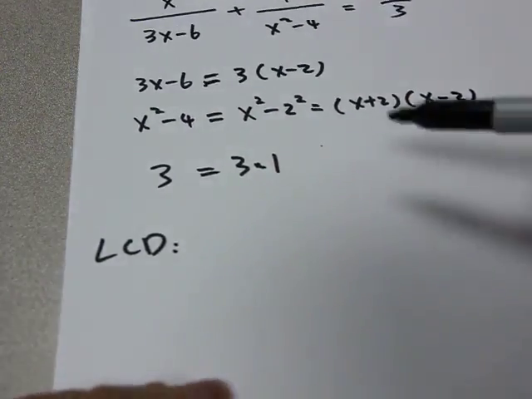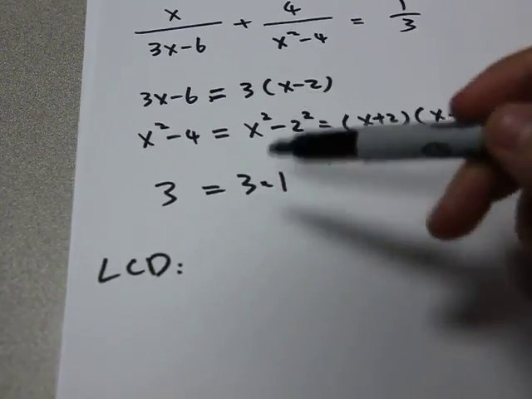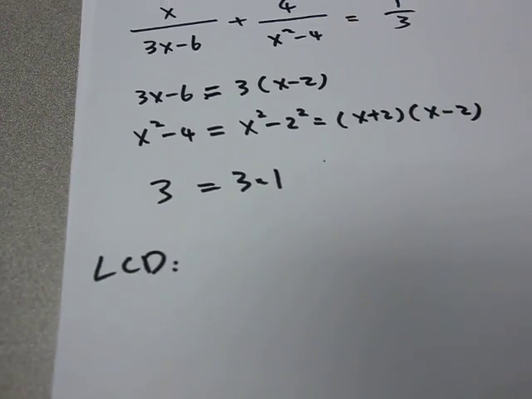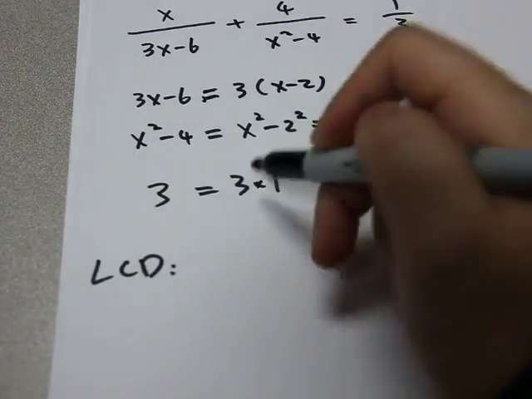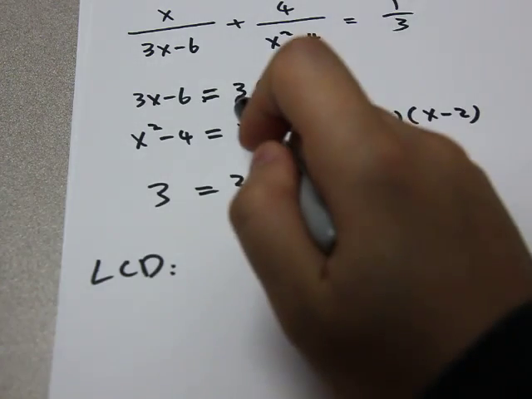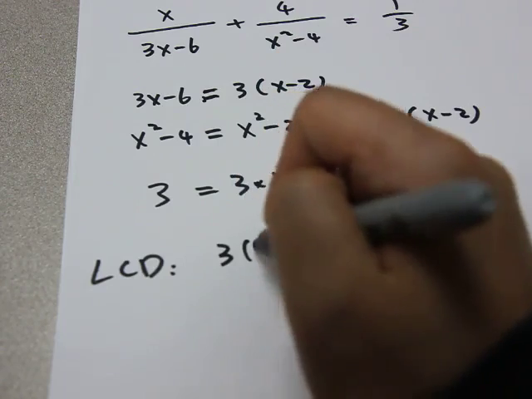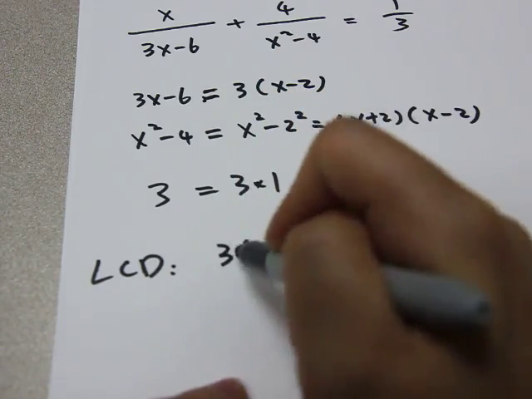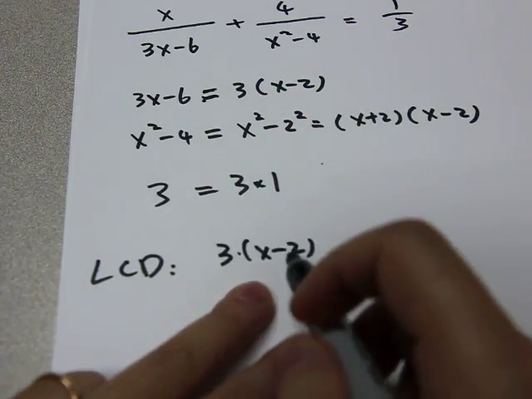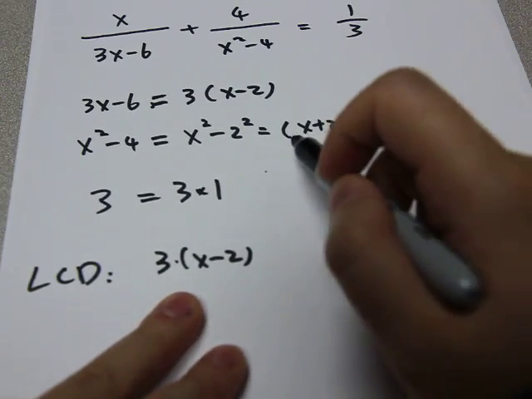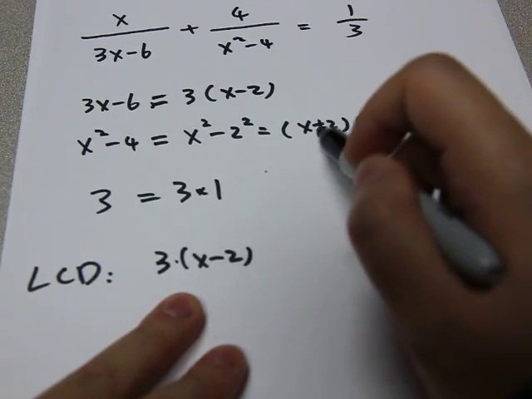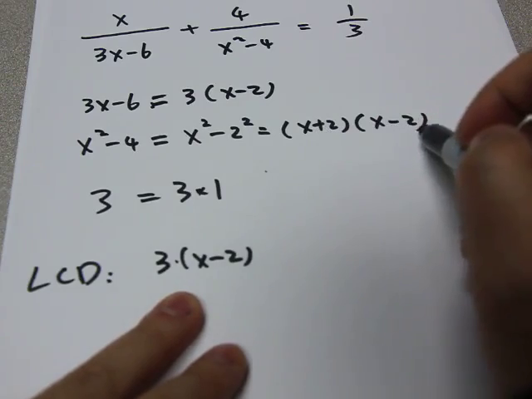Alright, now let's take a look at the least common denominator. So first, it has to contain 3 and x minus 2. So it must have these two factors. And then it must have the factors x plus 2 and x minus 2, right?